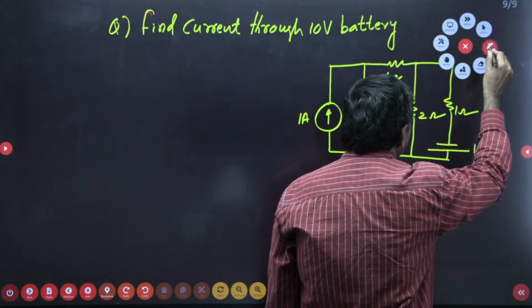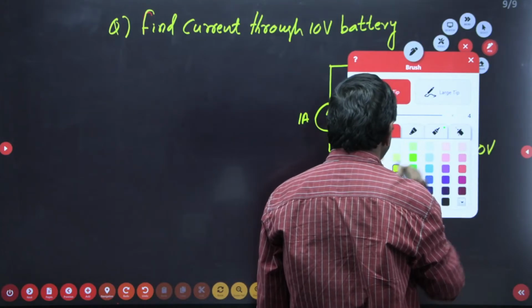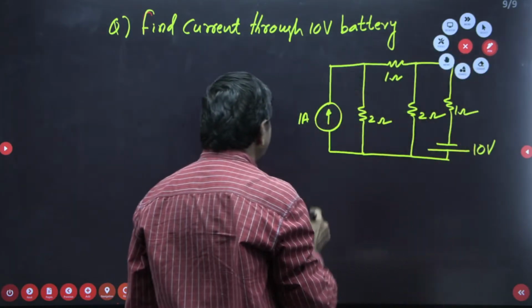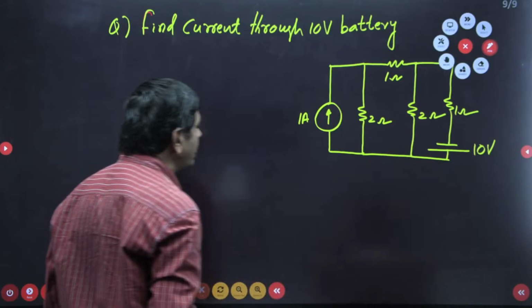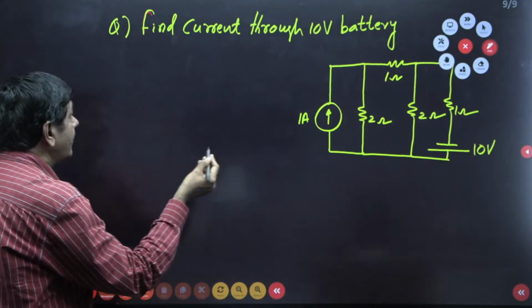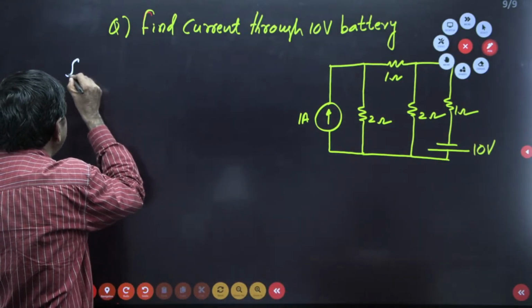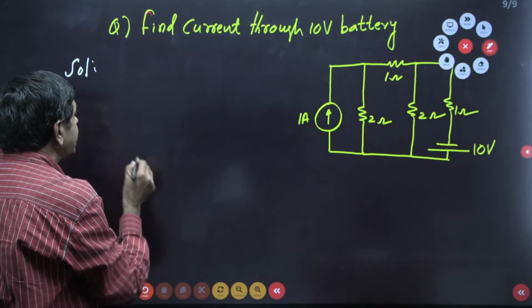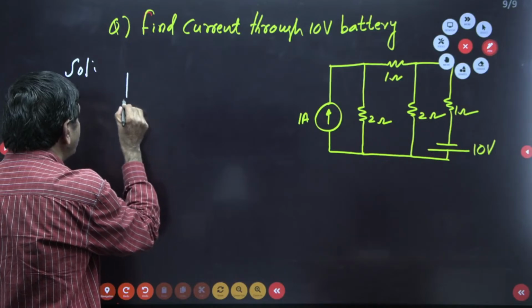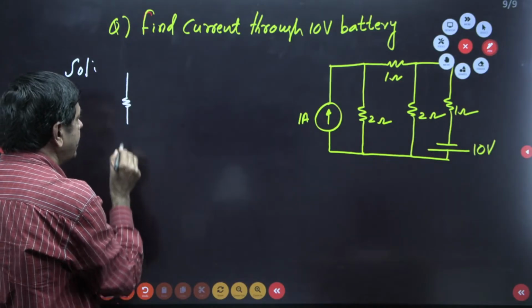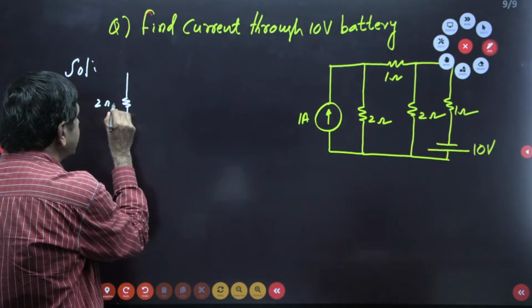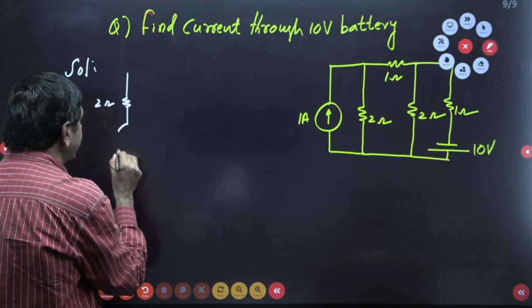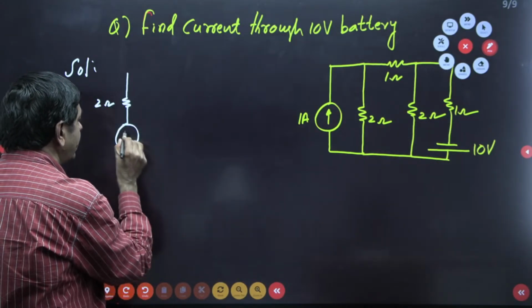How can we draw the equivalent circuit? It can be drawn in this way. The current source is connected parallel to the 2 ohm, and I will convert it into a voltage source. What voltage? 2 into 1, because current into resistance is the voltage. You must connect a resistor in series, so these 2 ohms must be connected in series with the voltage source.